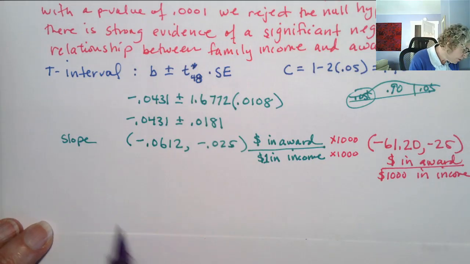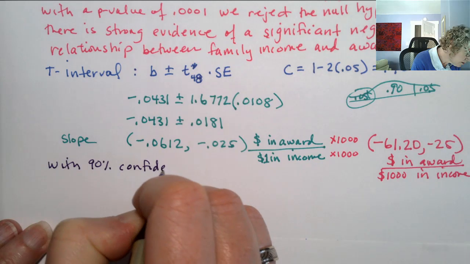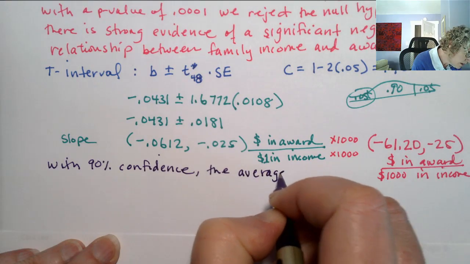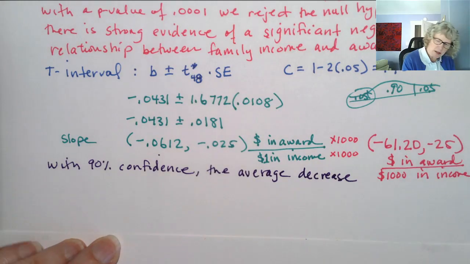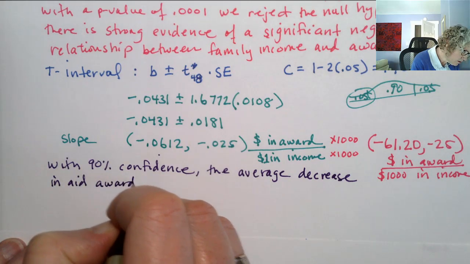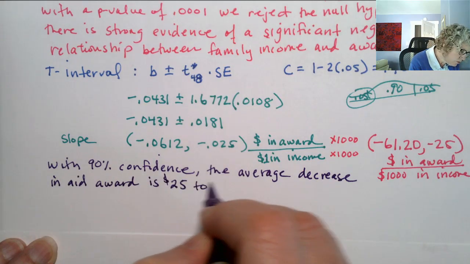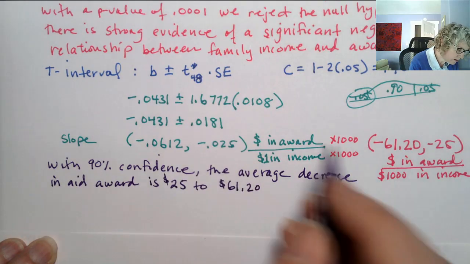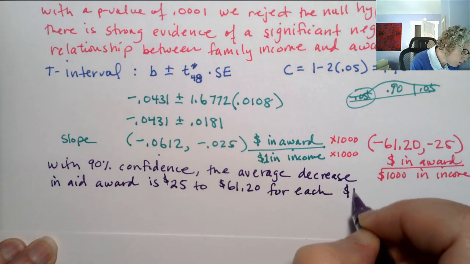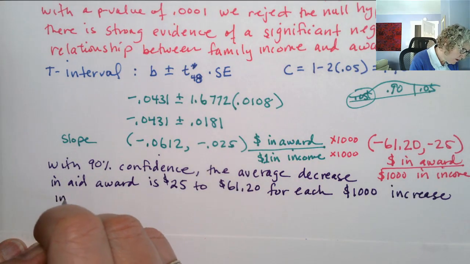So with 90% confidence, the average decrease, so there's my negative sign, in aid award is $25 to $61.2, or I could leave that off, $61, for each $1,000 increase in family income.